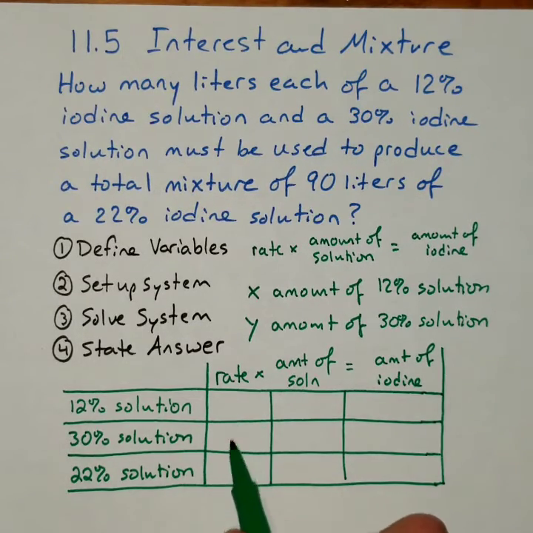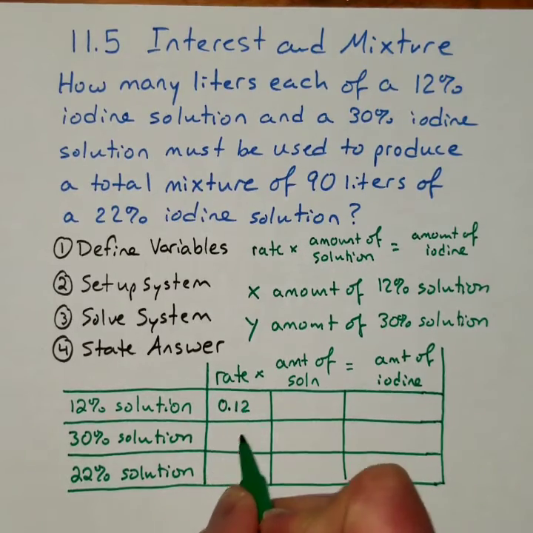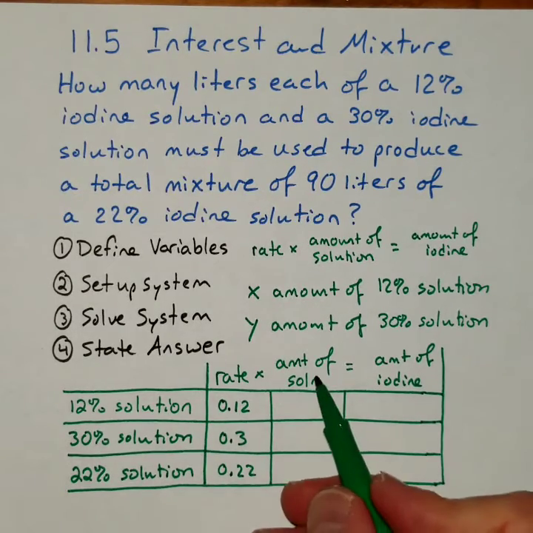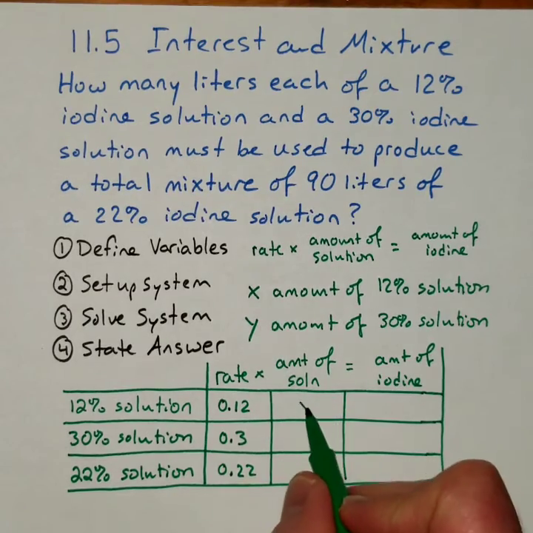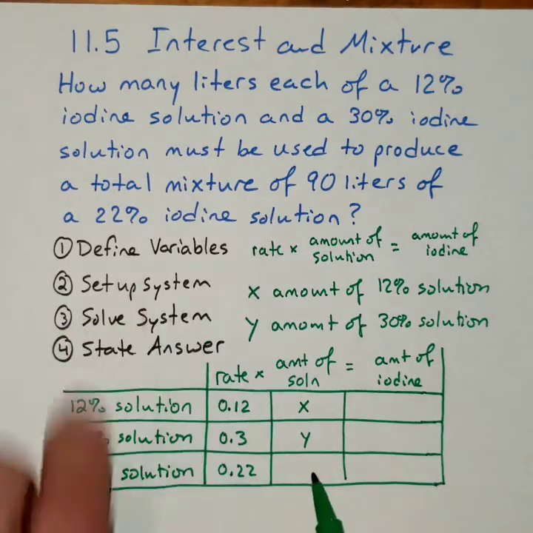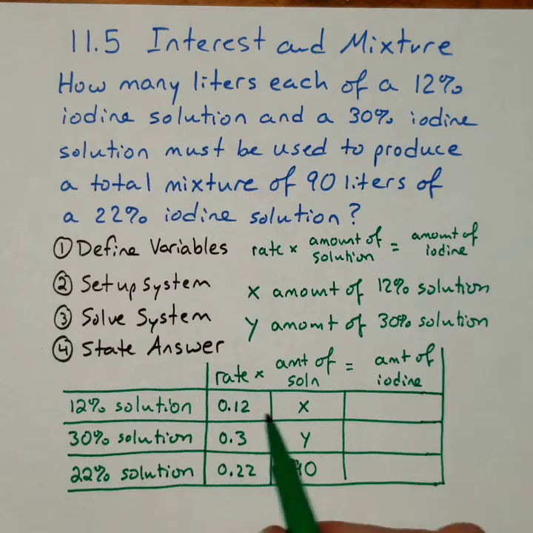Then the rate for each of these is just the percent converted to a decimal. So 0.12, 0.3, and 0.22. The amount of solution, the variables represent the first two, and the third one we know from the story problem is 90 liters. The amount of iodine is the product going across in each of these cases.